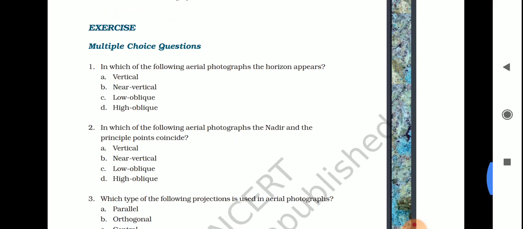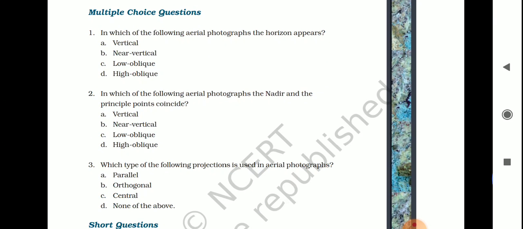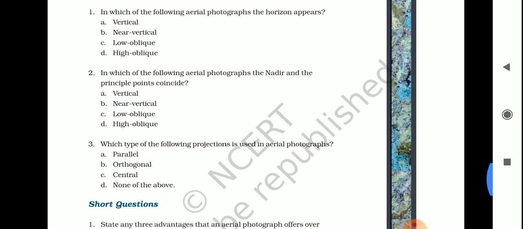The correct answer is high oblique; the horizon appears in high oblique. Second is, in which of the following aerial photographs do the nadir and the principal point coincide? Here we have vertical. Option A is the correct answer.